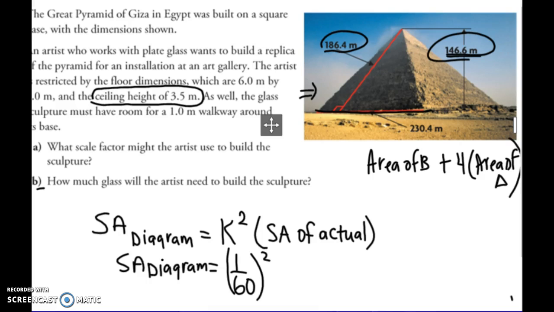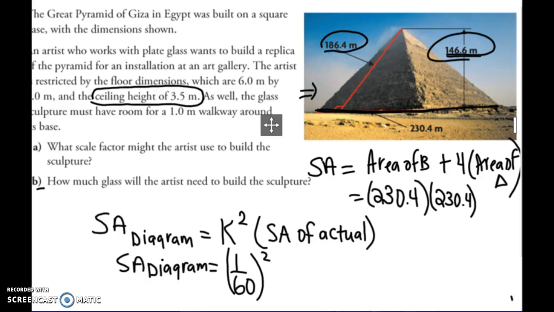Okay, so we'll find the area of the triangle, and since there's 4 triangles on a pyramid, we times that by 4. And then we add it to what we get the area of the base is. And that gives us the surface area of a pyramid. So the area of the base is length times width. So we have 230.4 meters times 230.4 meters. That gives us the base area.